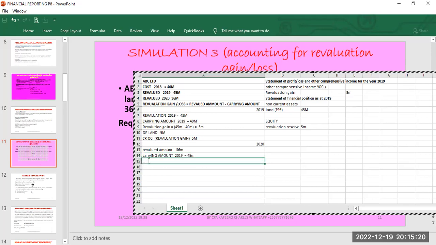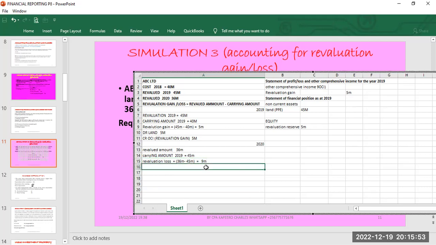So we are going to have a revaluation loss, which is got after deducting the 45 million from the 36 million. And when we do that, we are able to get a loss of 9 million.